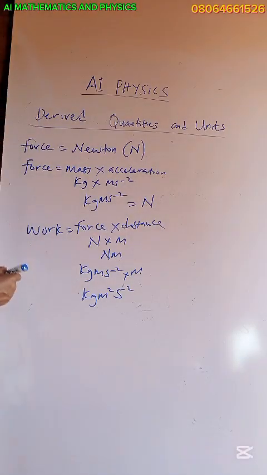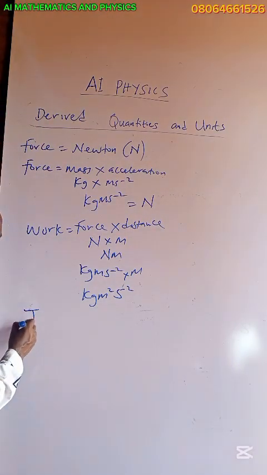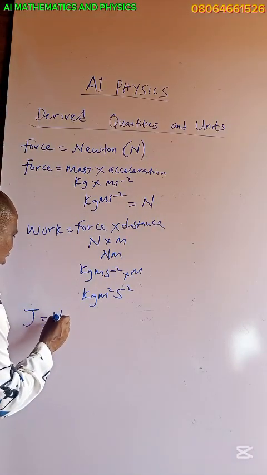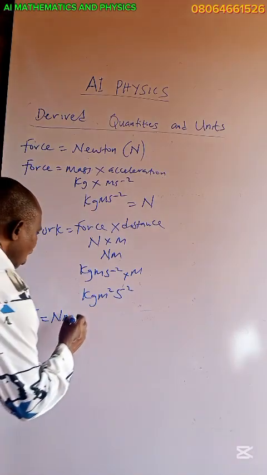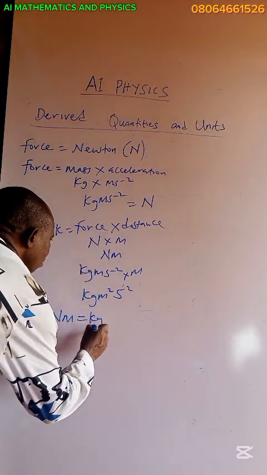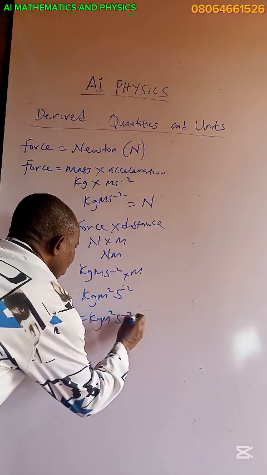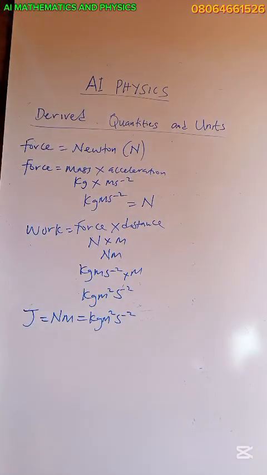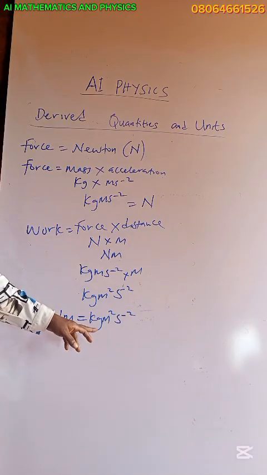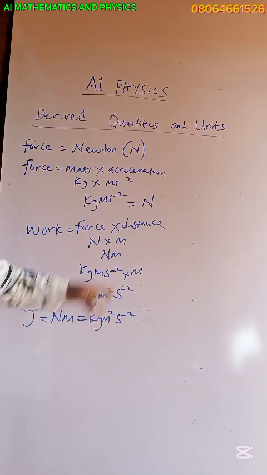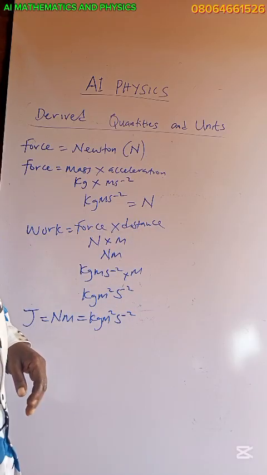Joule is the same as Newton meter and also the same as kilogram meter square per second square. All of this is the same thing.